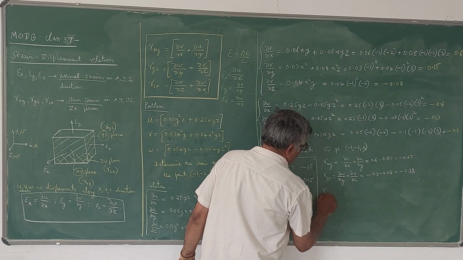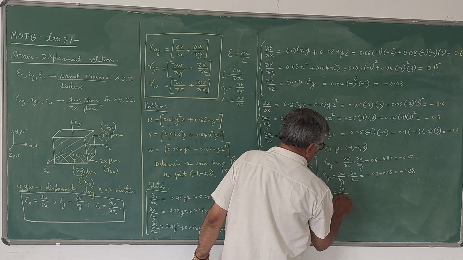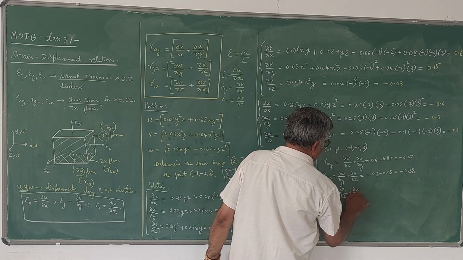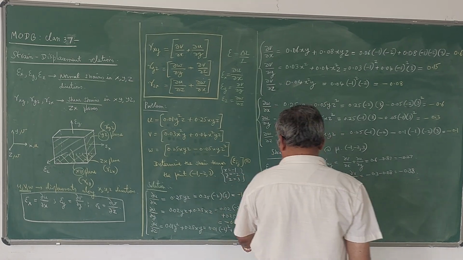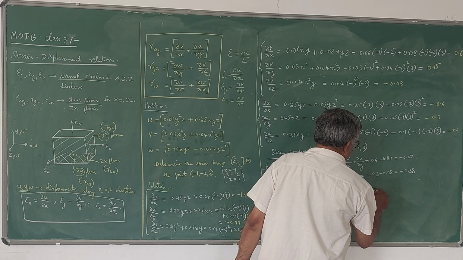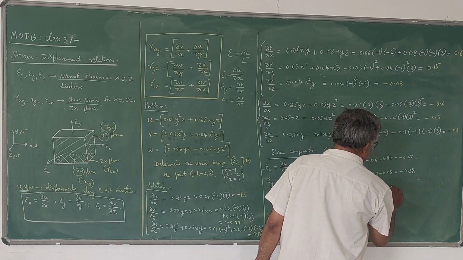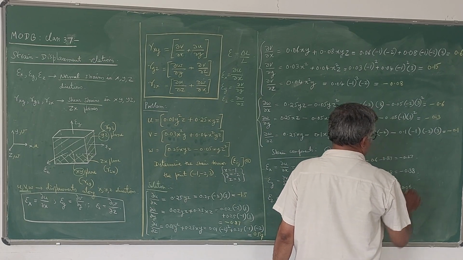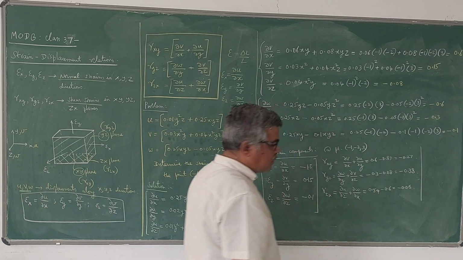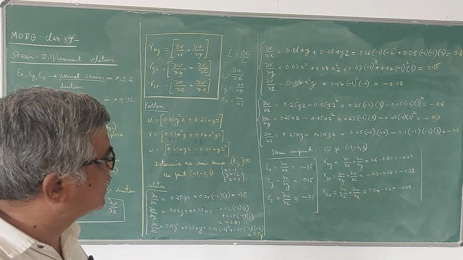Next, lastly, gamma zx, which is dou u by dou z plus dou w by dou x. Dou u by dou z is 0.54, dou w by dou x is minus 0.6, so you will be getting minus 0.06 is the answer. So these are the strain components you are going to get.